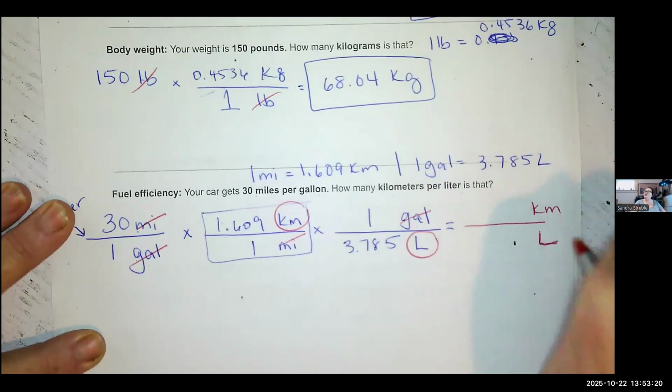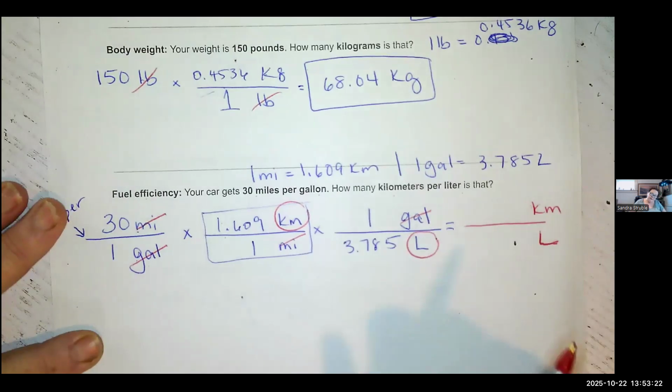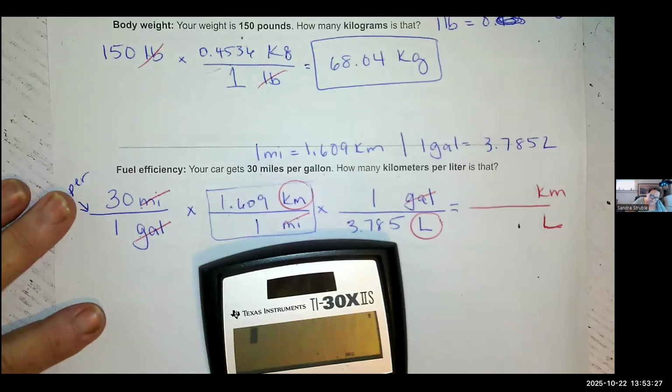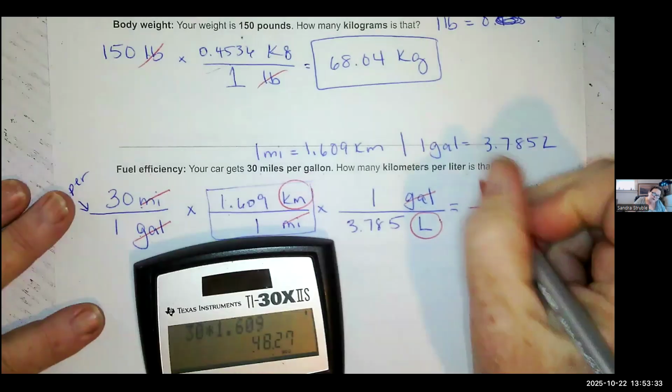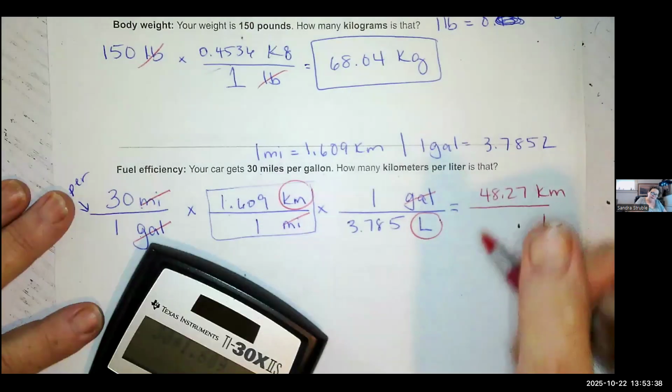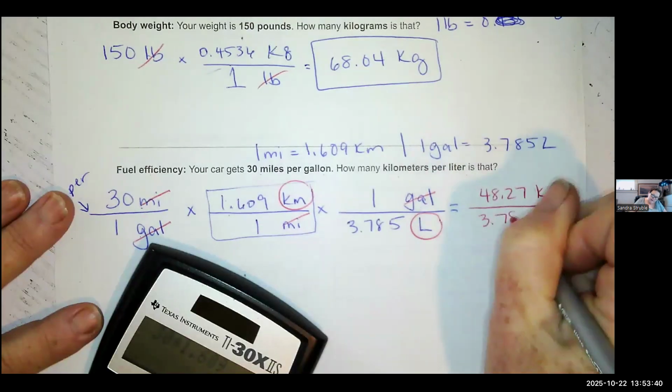The only thing I have left to do is to multiply and then divide. 30 times 1.609 is 48.27 over 1 times 1 times 3.785. So I just need to divide this by 3.785.